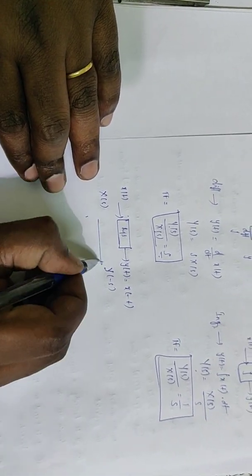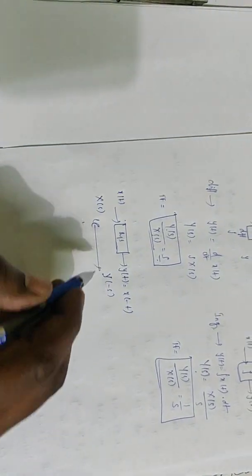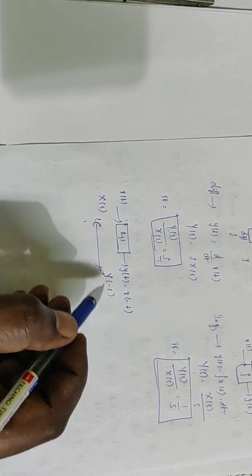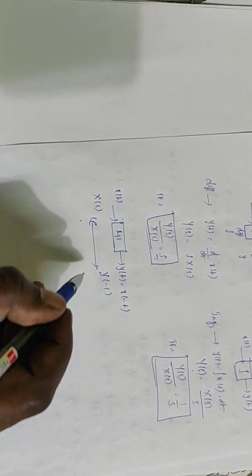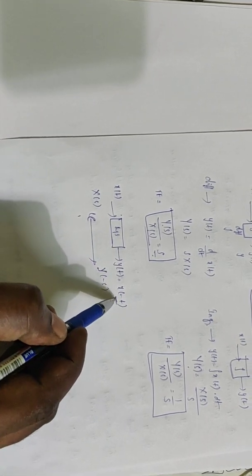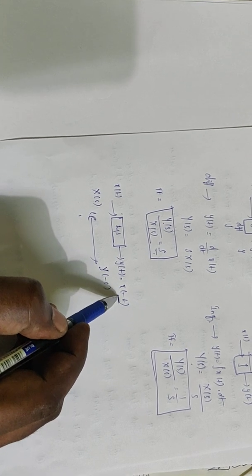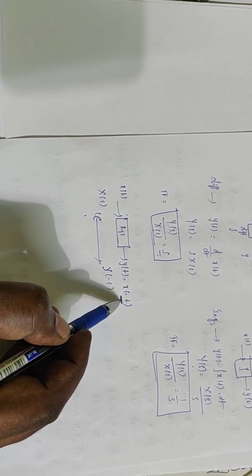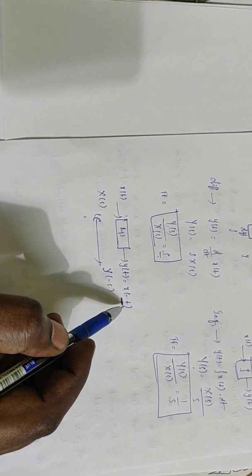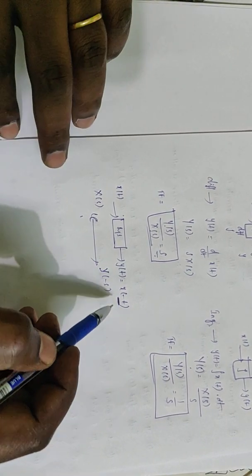So we can't take the division of Y of s by X of s, we will get only a negative sign. So the transfer function is not applicable to time varying systems, here minus t.